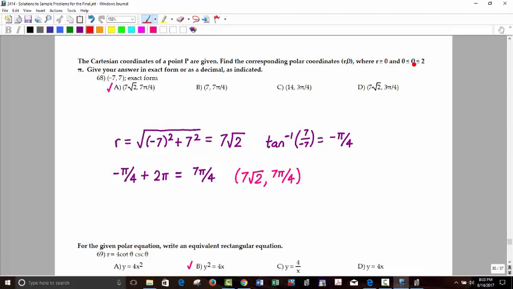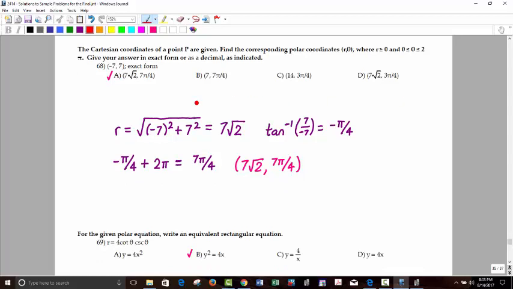They're saying theta has to be between 0 and 2, and there's the pi on the next page, so it's between 0 and 2 pi, which makes sense. So we don't have to use every possible coterminal equivalent.